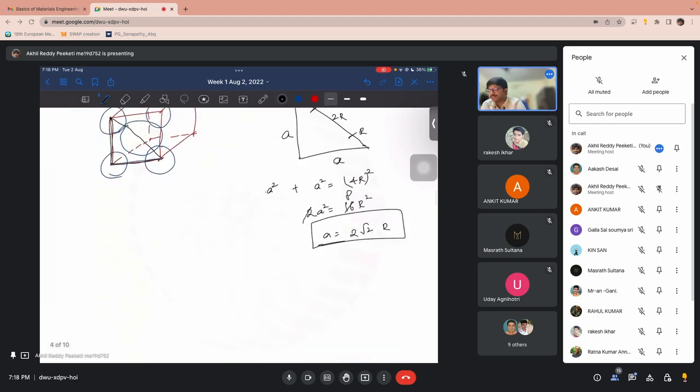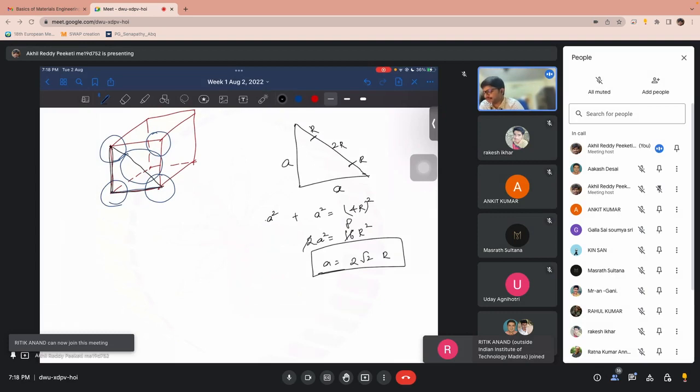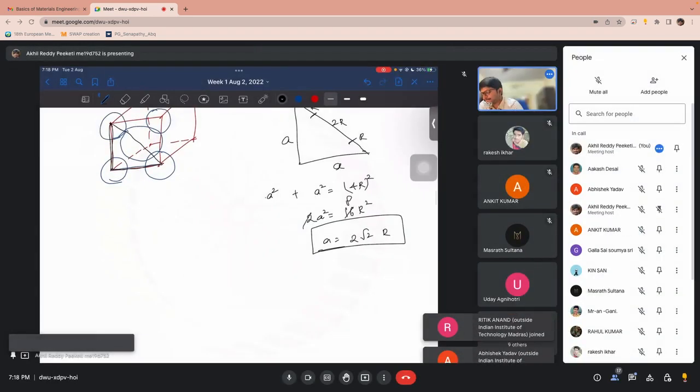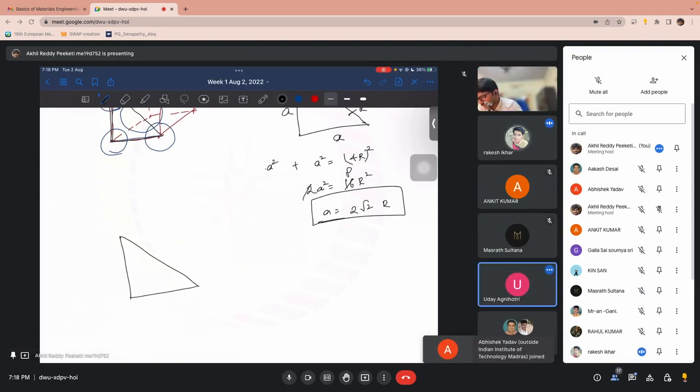Then what about simple cubic? I won't give you the final answer. But for simple cubic, what should you look at? Yeah.